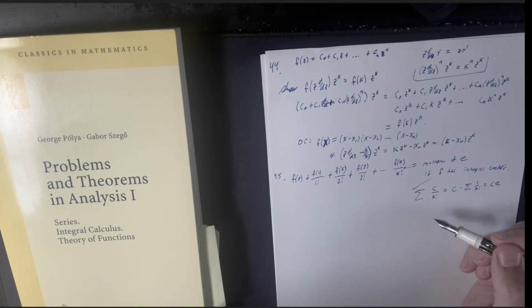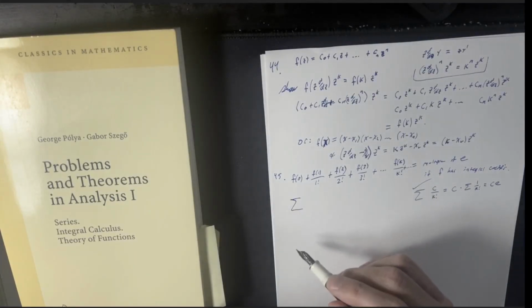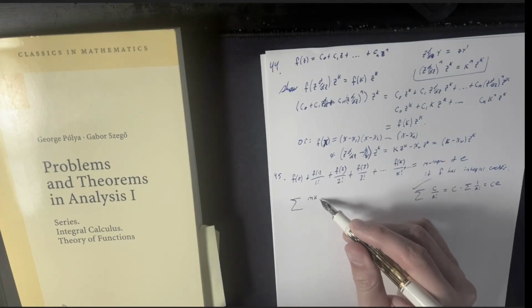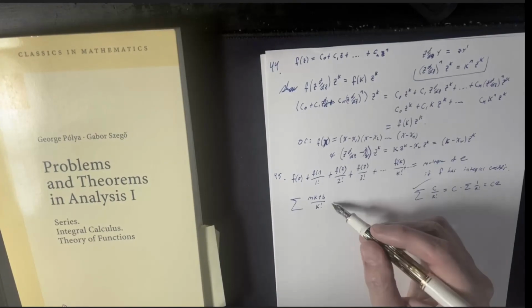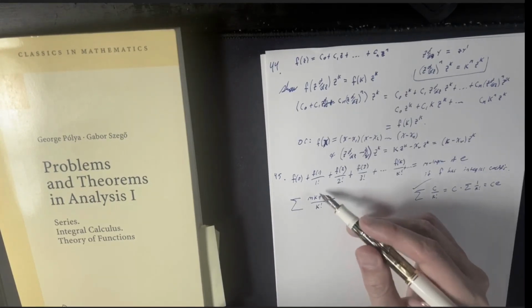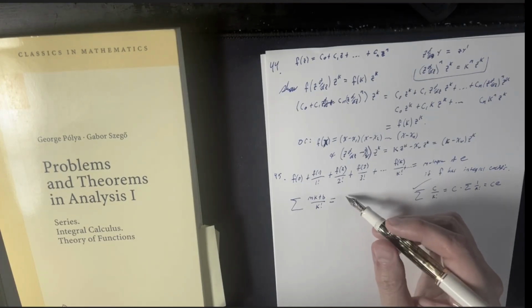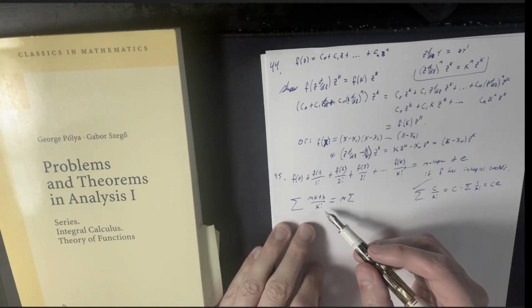I was going to say, I wonder if we can do it by induction, but let's first just look at what happens with a line. If I had mx plus b here, right? So we have mk plus b over k factorial. Oh, of course, it cancels. You see that? You're getting just a sort of shifted version.